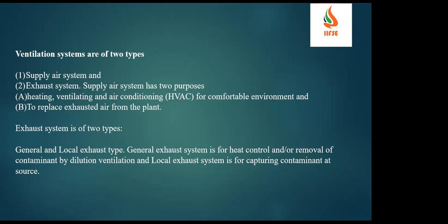Exhaust systems are again of two types: general and local exhaust systems. General exhaust is for heat control and removal of contaminants by dilution ventilation, and local exhaust system is for capturing a contaminant at the source.